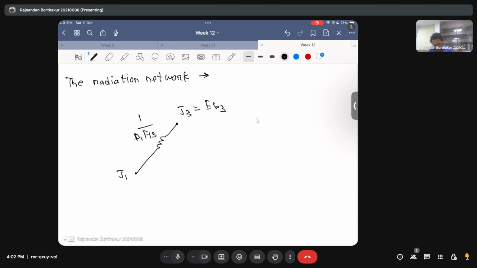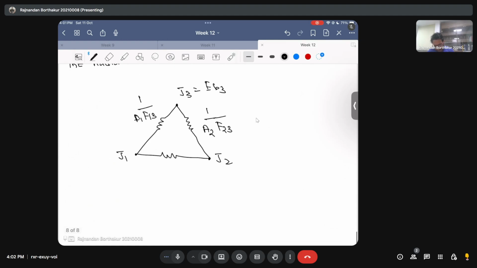The associated space resistance between the surrounding and the absorber is going to be 1 by A2 F23. And also there is going to be a space resistance between the heater and the absorber itself, which is going to be 1 by A1 F12.